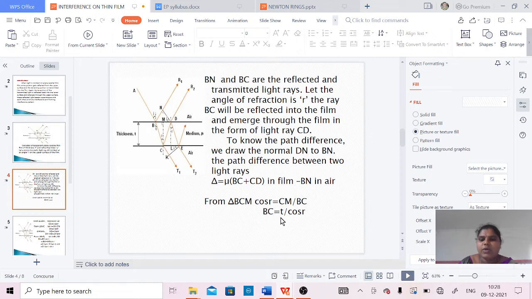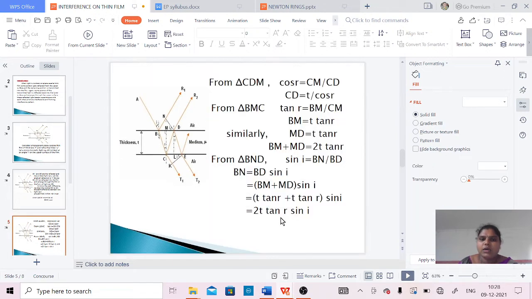Now BC equals t by cos r. And next, from triangle CDM, which is beside the BCM triangle, here also we can consider cos r equals CM by CD. Again we know the CM value.